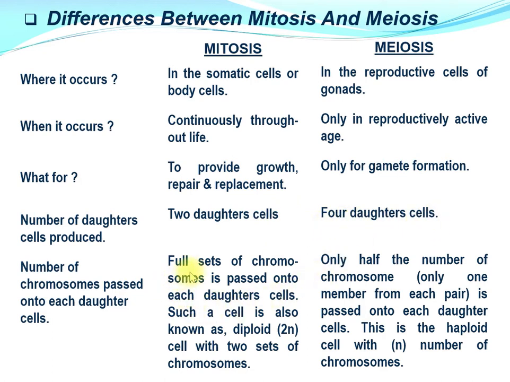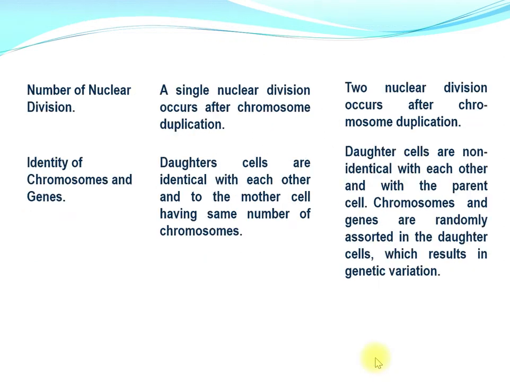The full set of chromosomes is passed on to the daughter cells in mitosis, so that the cells are diploid, having two sets of chromosomes with 2n number. Whereas in meiosis, the daughter cells contain half the number of chromosomes, that is, a haploid set, or only one set of chromosomes, is passed on to the daughter cells.